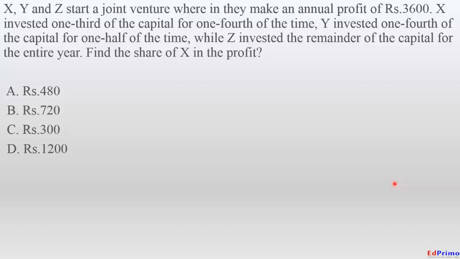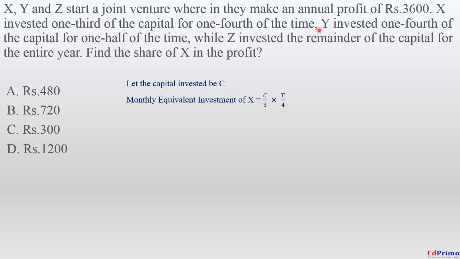Now what we know is that X invested 1/3 of the capital for 1/4 of the time. Now if I assume the capital as C, I can say that X invested C by 3 as capital and he invested for a time of T by 4.